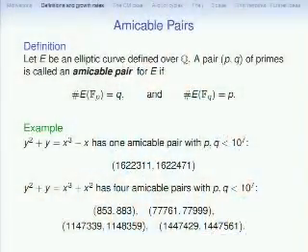So you can forget all of the stuff about sequences and just ask the question for pairs to start with. When can you have two primes so that when you reduce modulo one of them, the number of points on the reduced curve is equal to the other? This is in vague analogy to the classical number theoretic meaning of amicable numbers, but not in any meaningful analogy.